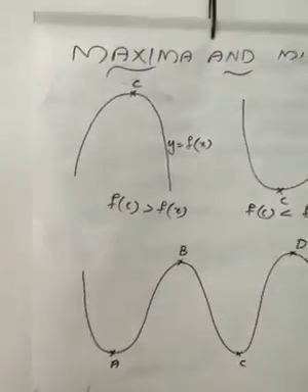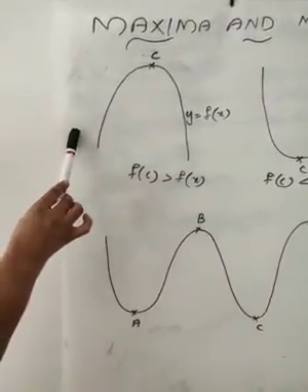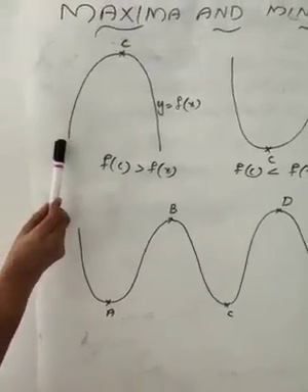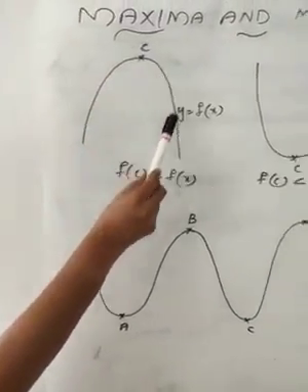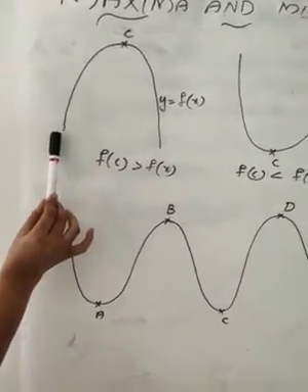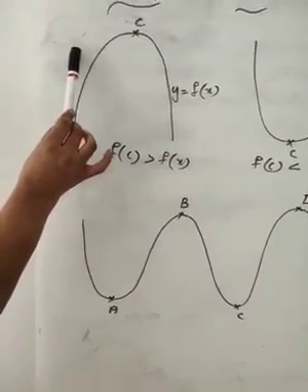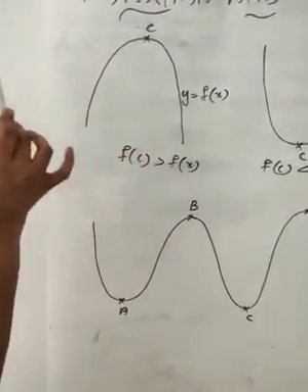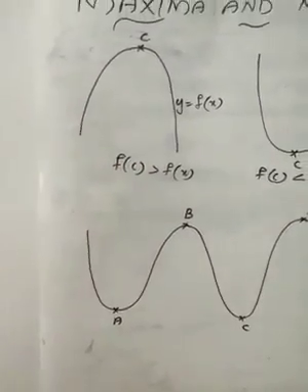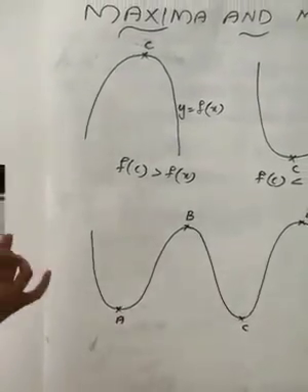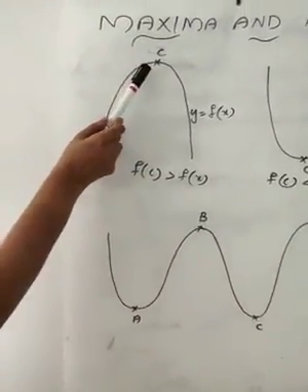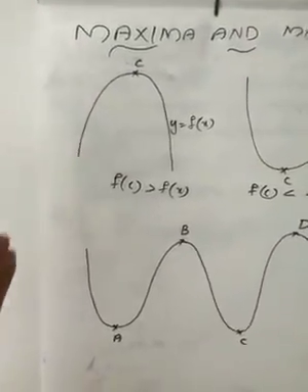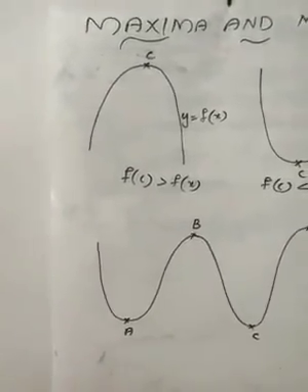That is, the first order derivative f dash x changes from positive to negative, because on the left side the curve is increasing and on the right side it is decreasing.